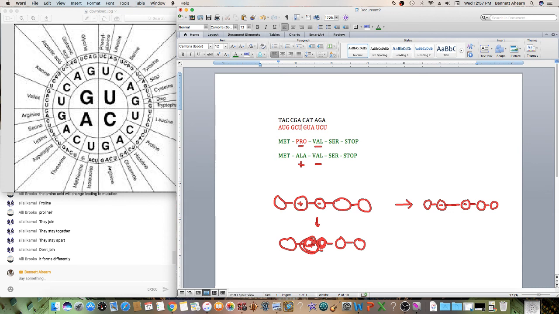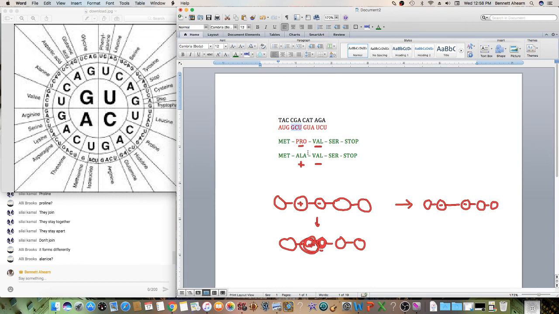Take a look at the amino acid wheel. What do I have now? Normally it's this one, but I changed the code, and this is the new amino acid.